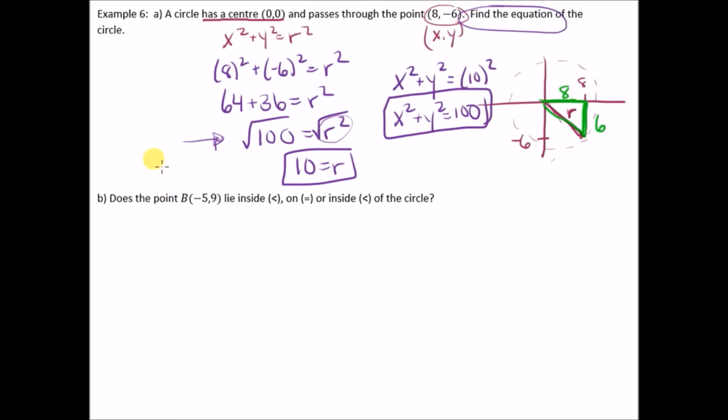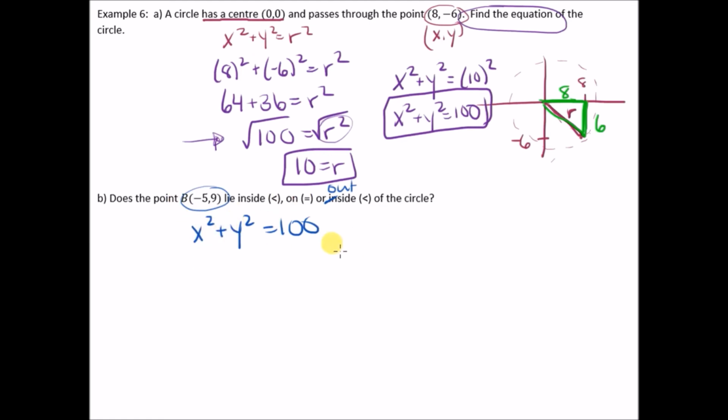If we ever have an equation and we want to know whether or not a point lies inside, on, or, oh, that should say outside. Yeah, inside, which is less than, on, which is equal to, or outside of the circle. What we want to do is we want to take the equation and we want to sub in like negative 5 comma 9.